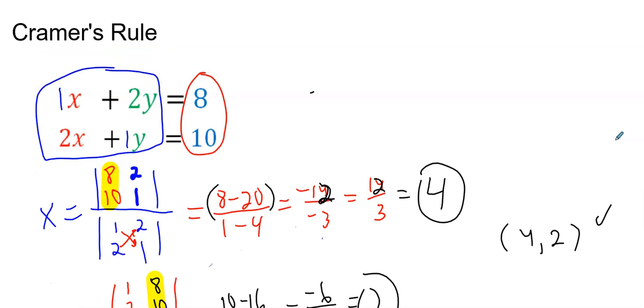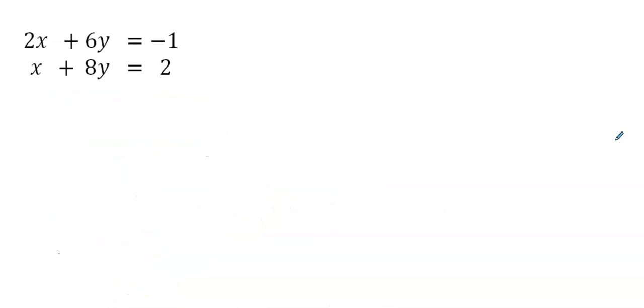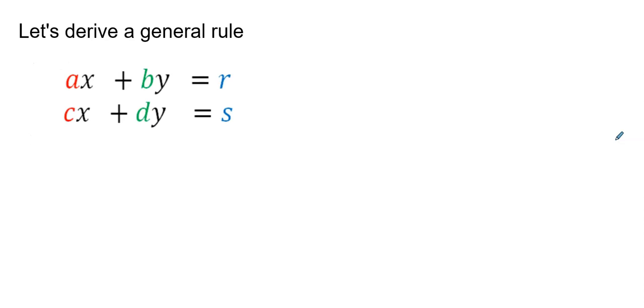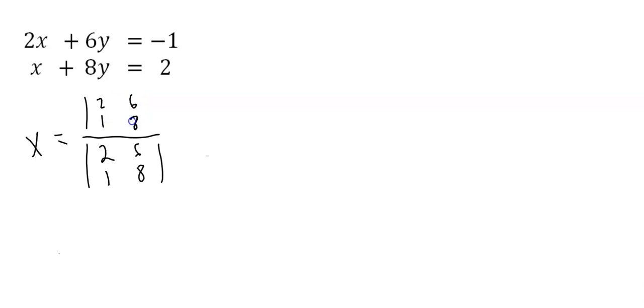But let's try this one. That's the same problem, actually. So we're going to work just this one. Okay, so x equals, in the denominator is the coefficient matrix, 2, 1, 6, and 8. In the numerator is the coefficient matrix, except because I'm solving for x, I'm going to erase these two guys.